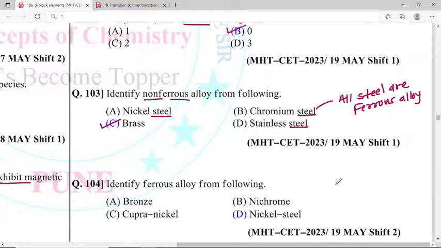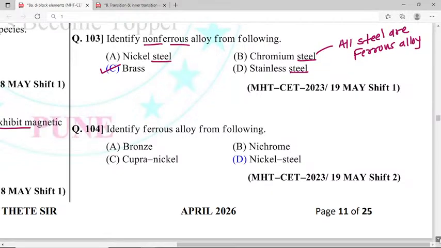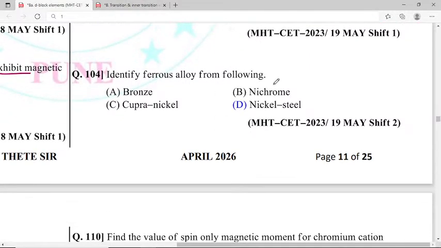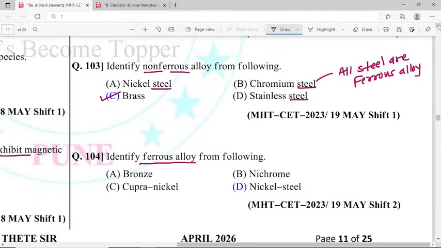Question number 103. Identify the ferrous alloy. Same type of question, ferrous alloy. Please identify the answer. Identify non-ferrous, identify ferrous. Question 19, shift 1, shift 2.